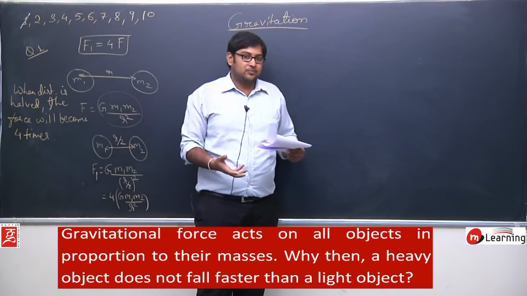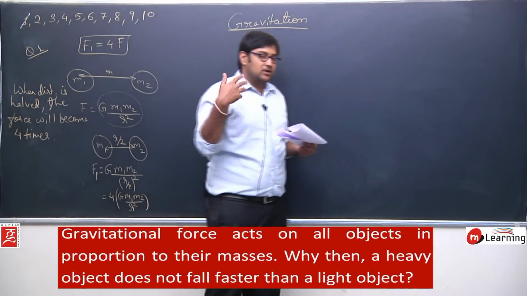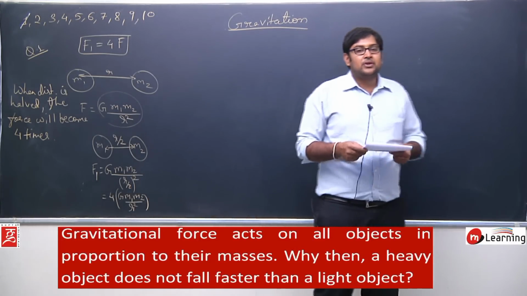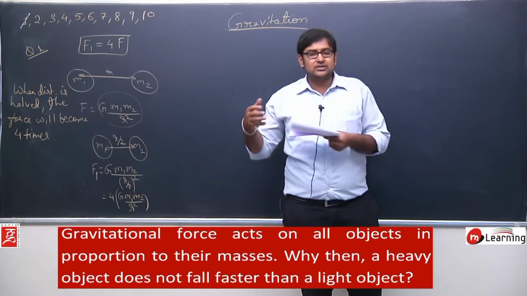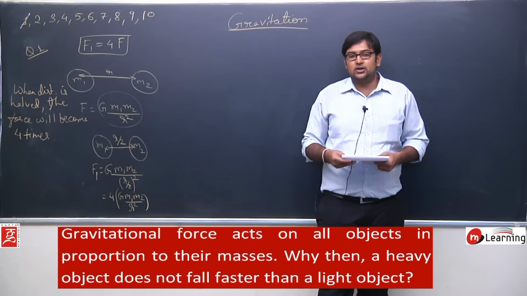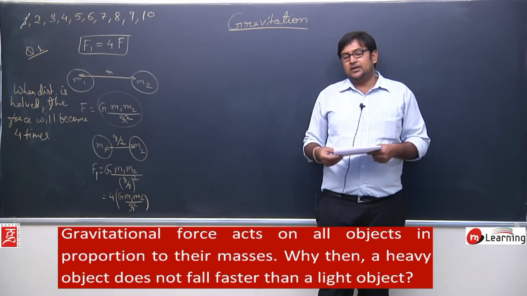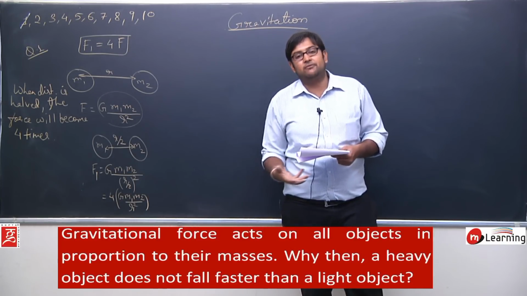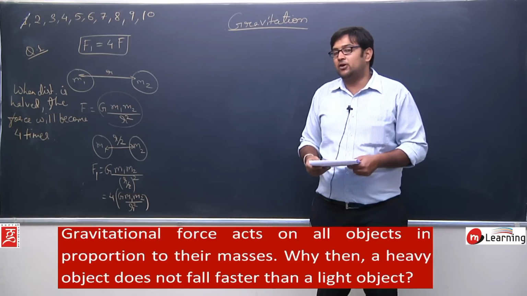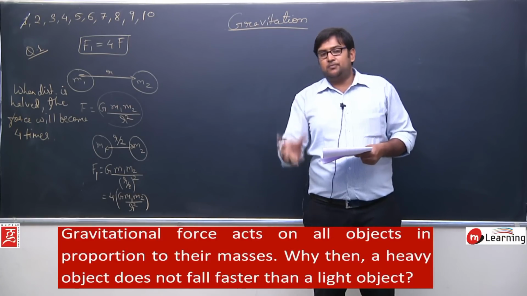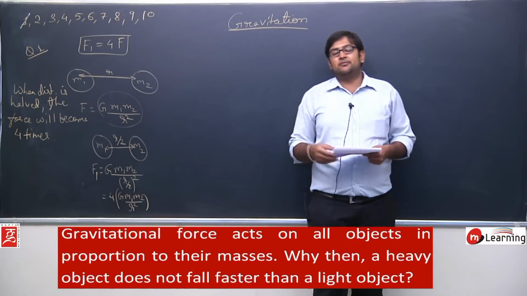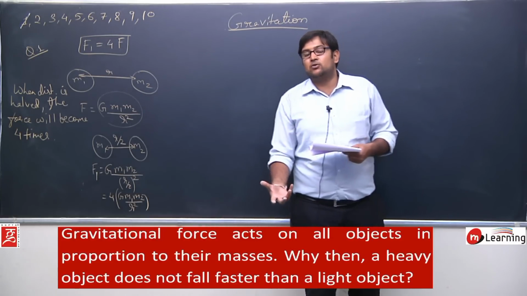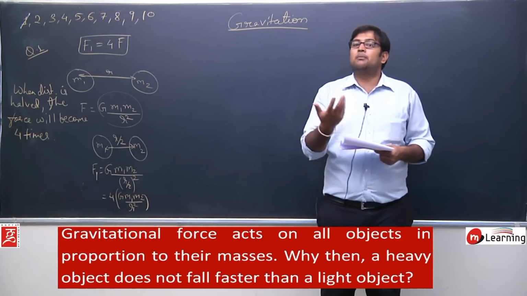We have understood a concept regarding this, that there was a philosopher who tried to prove that when two objects are in free fall, the speed with which they are falling on the ground is independent of their masses.